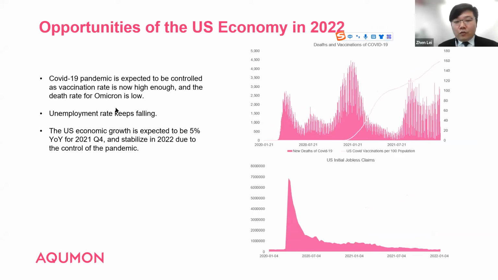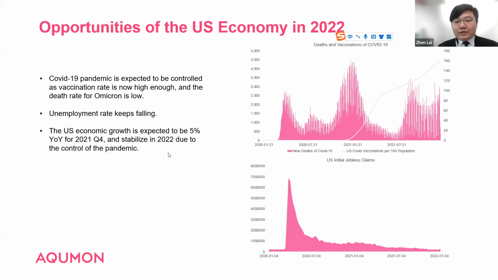First of all, we see that the COVID-19 pandemic may be controlled as the vaccination rate is now high enough and the death rate for Omicron is low. And also the unemployment rate keeps falling for the United States.